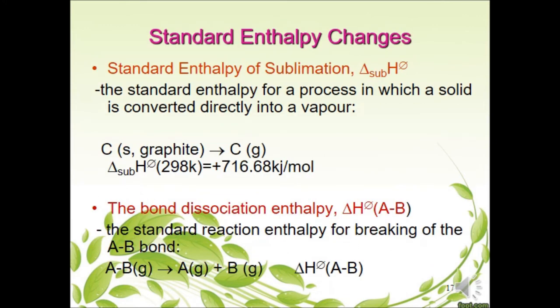Then this will be standard enthalpy of sublimation, where a solid converts directly to vapor. Example here, graphite converting to vapor. The standard enthalpy value for this would be positive 716.68 kilojoules per mole.